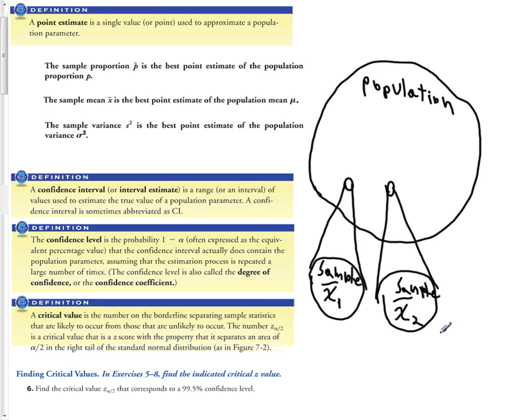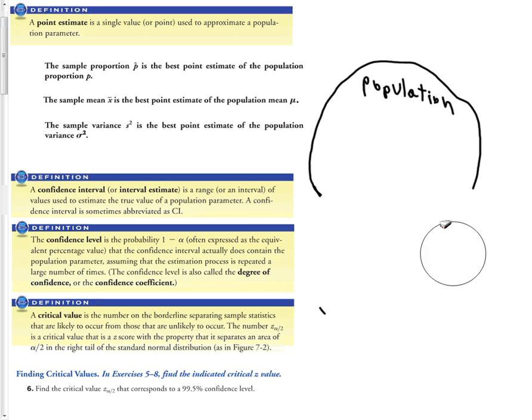For instance, let's say the confidence level, which I'll abbreviate CL, is 95%. That means if I created 100 confidence intervals, I expect 95 of them to actually contain the true mean. So that's what the confidence level is: the probability that the confidence interval we create will actually contain the true population parameter.